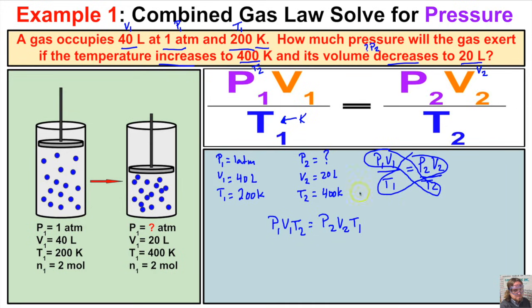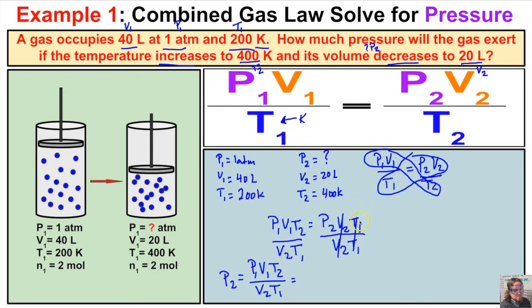And in this problem, we're asked to solve for P2. We want to get P2 all by itself on one side of the equal sign, so we're going to divide both sides by V2 and T1. So the formula that we're going to use is P2 equals P1 V1 T2 all over V2 times T1.